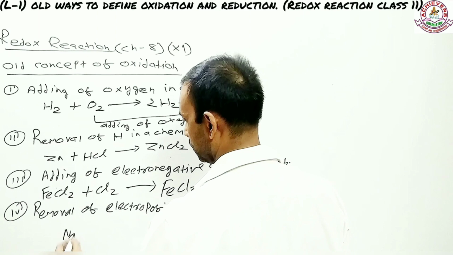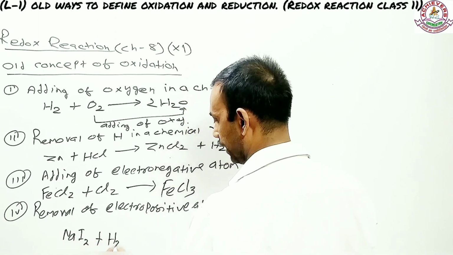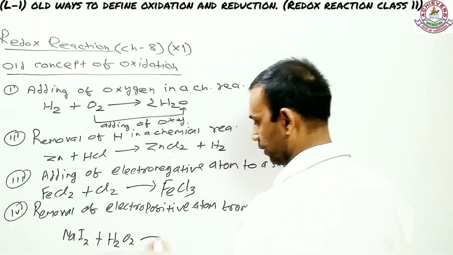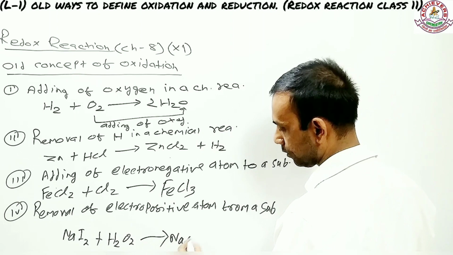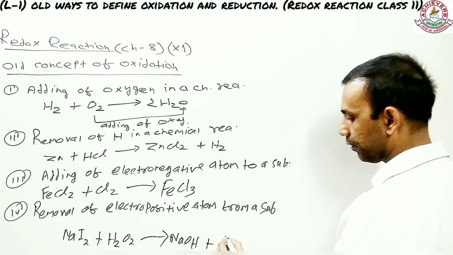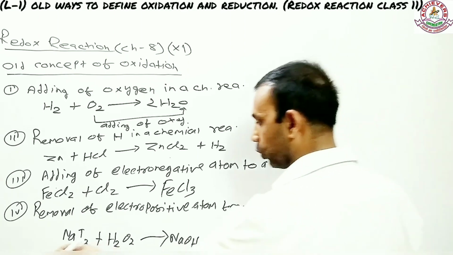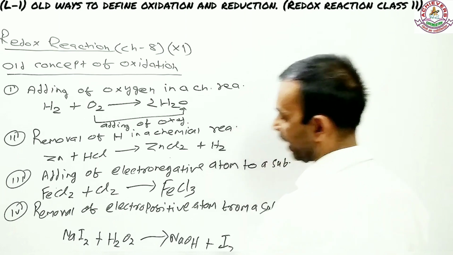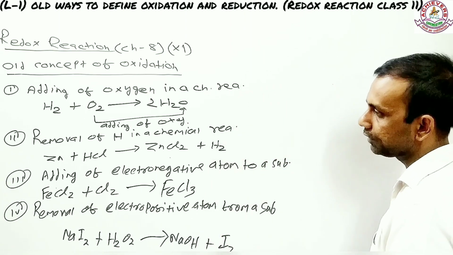Suppose sodium iodide reacts with hydrogen peroxide. This will form sodium hydroxide, and iodine is being released here. So what is happening? Sodium is being removed from one compound and going to some other compound. So this is how an electropositive element is removed.